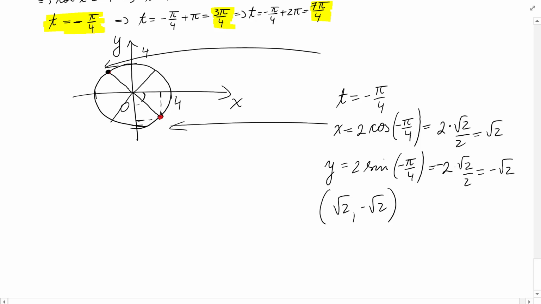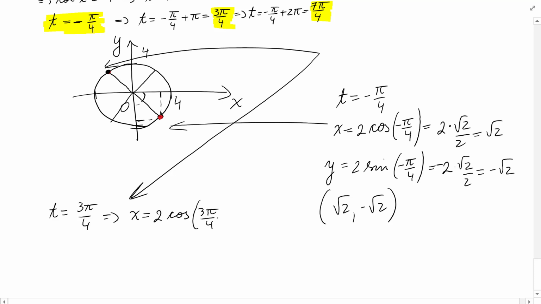And let's try to figure out the other one. So for t equals 3 pi over 4, we have x equals 2 cosine of 3 pi over 4. So I'm looking at this angle. We are in the second quadrant.